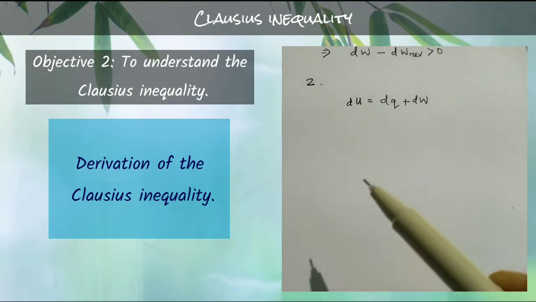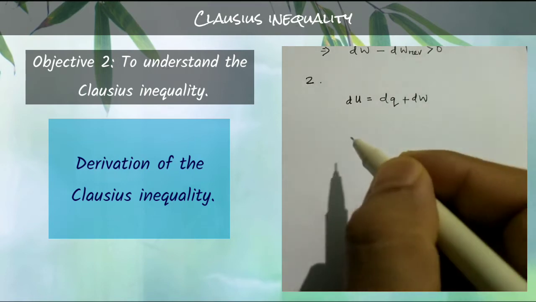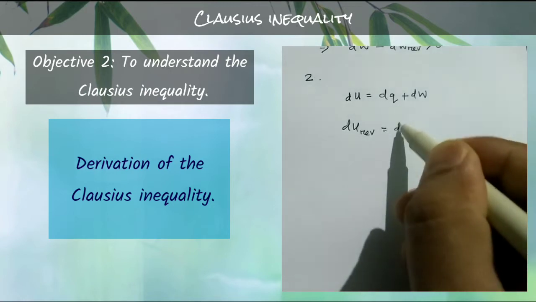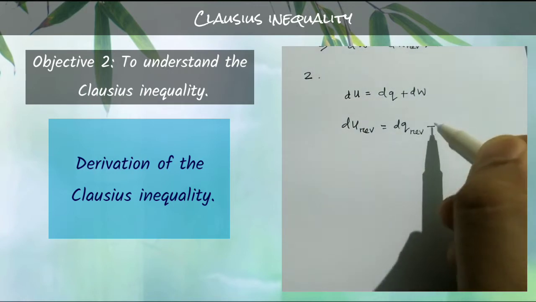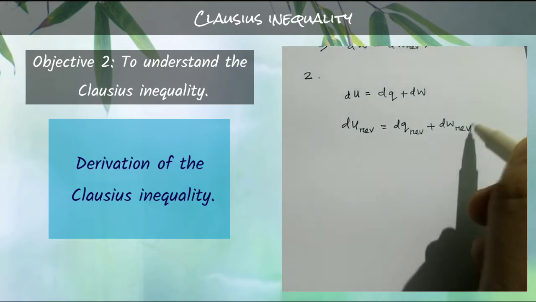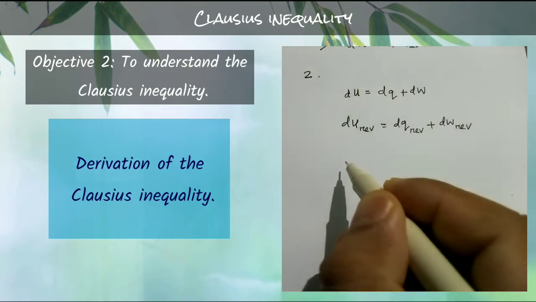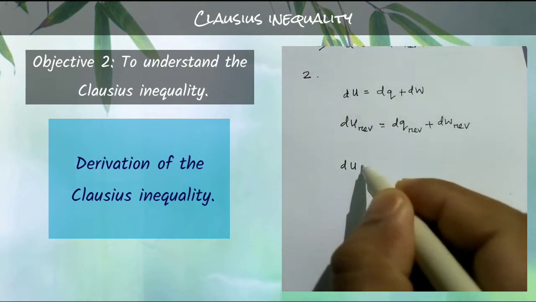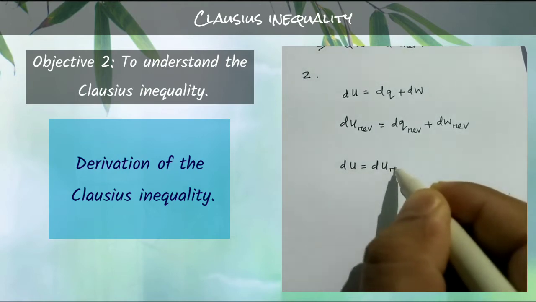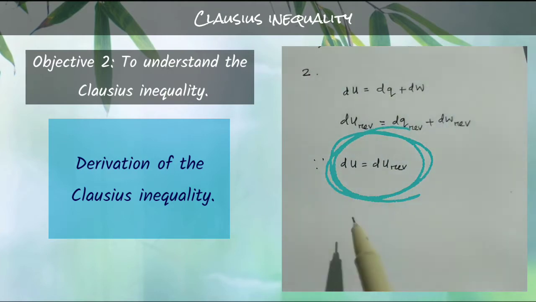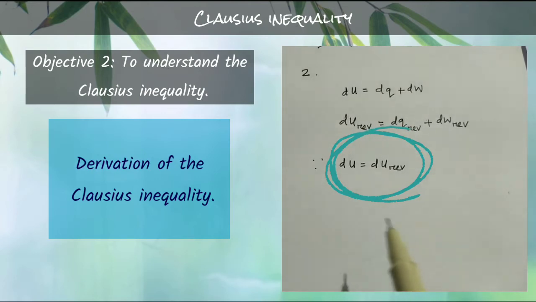The change in internal energy for the reversible process is dU reversible equals dq reversible plus dw reversible. Here again we know that dU is equal to dU reversible, because internal energy is a state function, so the change in internal energy for the reversible process as well as the irreversible process will be the same.